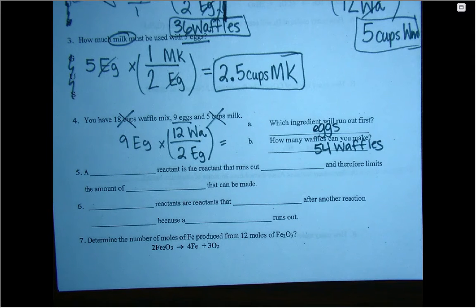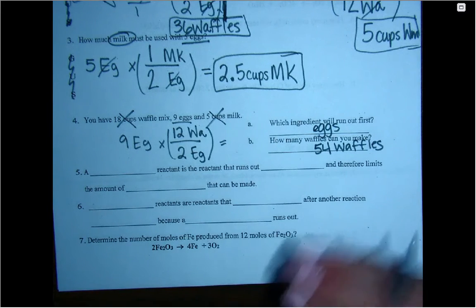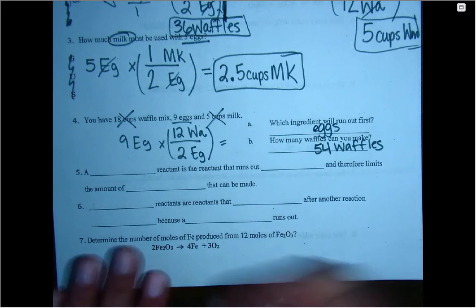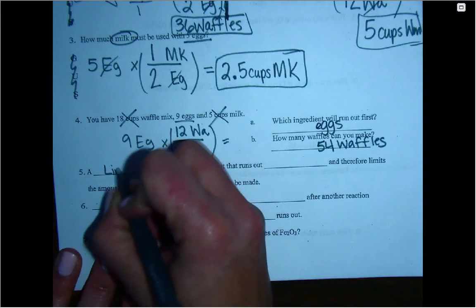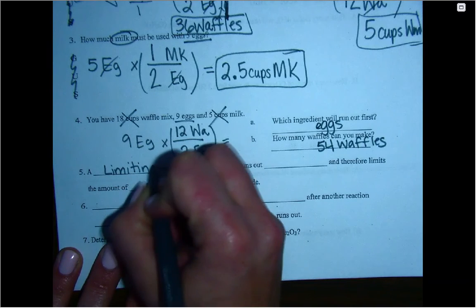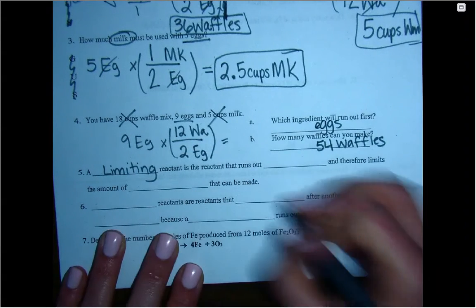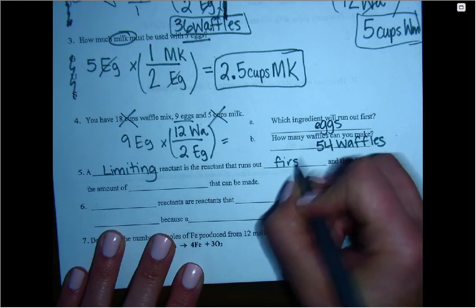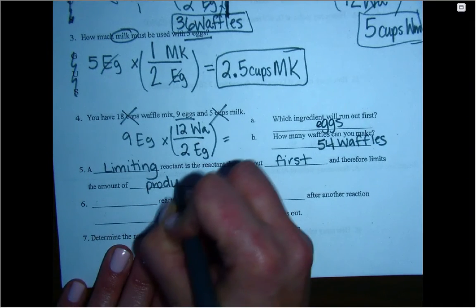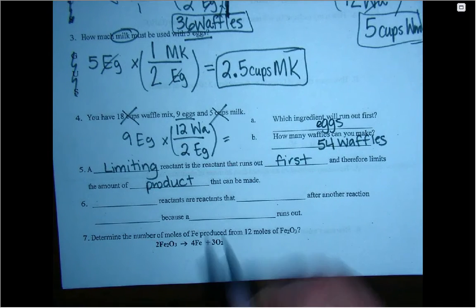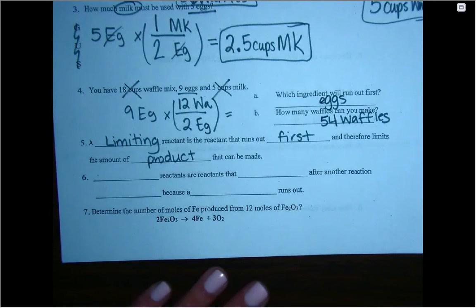So all of that to bring up this next topic, which is what those eggs are. They are known as a limiting reactant. It's a reactant that runs out first and therefore limits the amount of product that can be made. Those 9 eggs stopped us from making 56 waffles, 55 waffles if that, right?